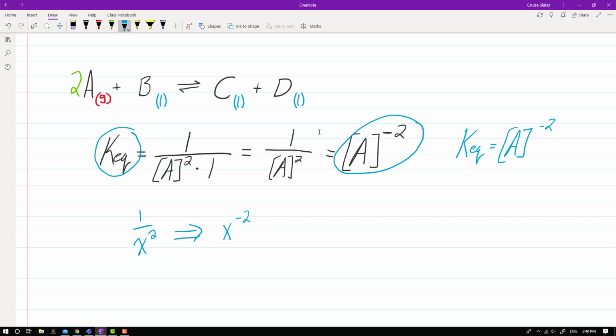We've seen this concept of negative signs in past units as well, especially when dealing with concentration. We may understand concentration as moles per liter. Well, we can represent that liters in the denominator by going moles multiplied by liters to the minus 1.